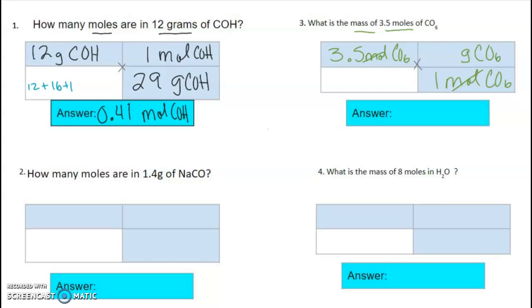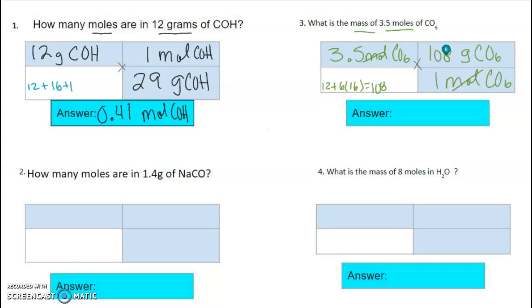So we have 1 carbon and we have 6 oxygens, which is going to be 6 times 16. You could write out 16 6 times, but that's just a lot of writing. So 12 plus 6 times 16 is going to come out to 108. I just forgot the O on that one. 108.